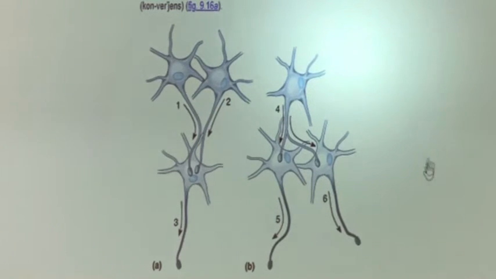Notice here we have divergence. So we have one nerve cell here, and that nerve cell here is sending chemical communication to a receiving cell here and another receiving cell here. The complexity with which these neuronal pools work is fascinating and awe-inspiring.